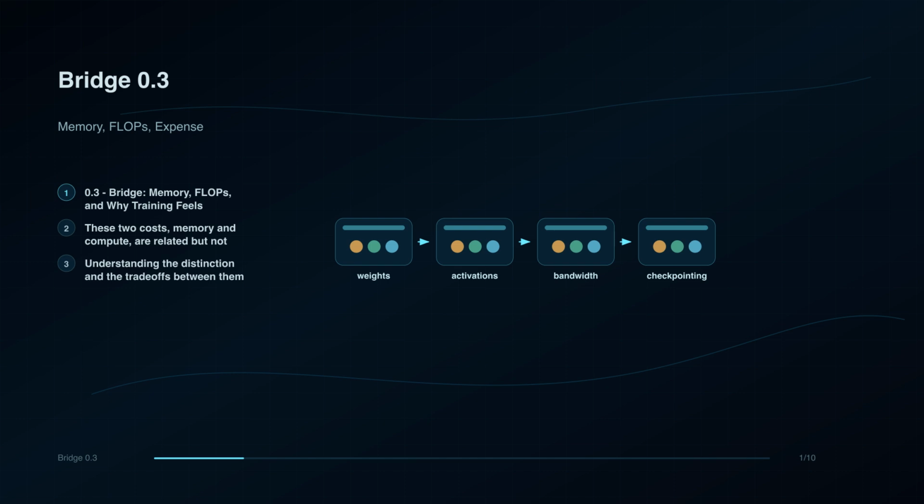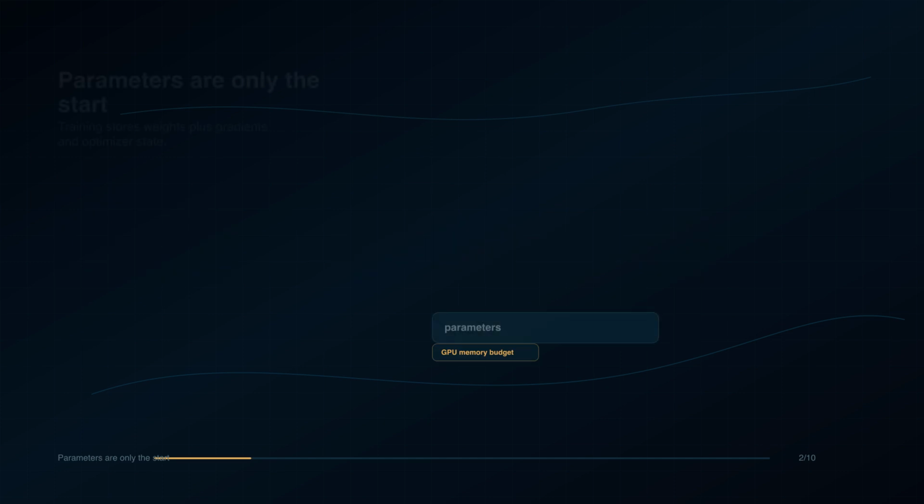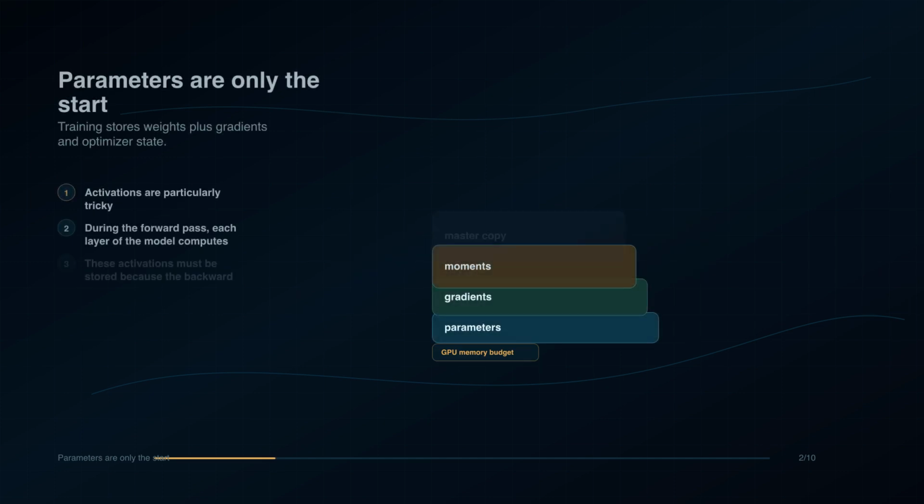We haven't even accounted for activations yet, and we're already approaching 100 gigabytes. Modern GPUs have 40 to 80 gigabytes of high bandwidth memory, so fitting a 10 billion parameter model on a single GPU requires careful memory management.